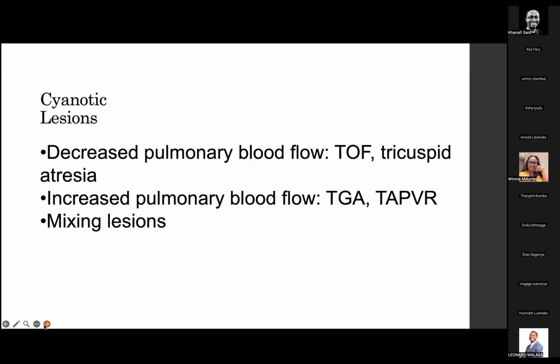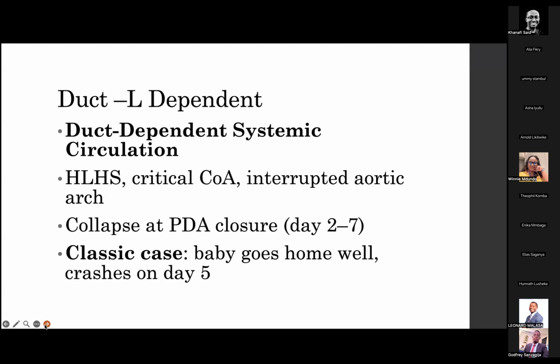And 5 is 5 letters, which is TAPVR. So those are the lesions that will cause cyanotic problems in your patient.